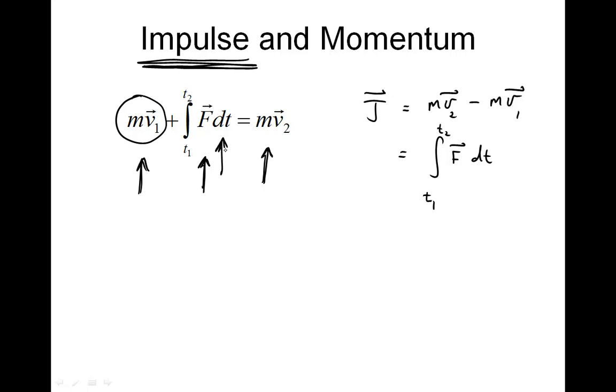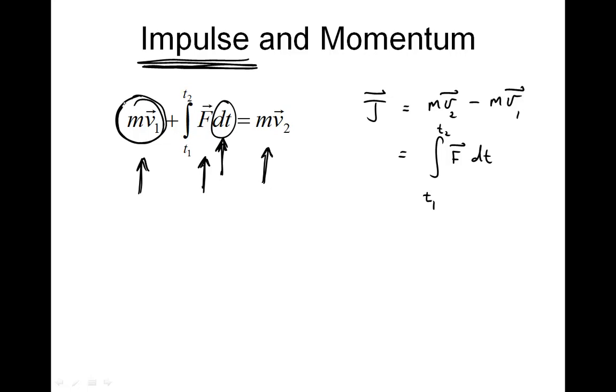Now this time factor is kind of important. This goes into the idea behind, say, airbags. Before airbags existed, if you were to come to a sudden stop in your car, you would hit the steering wheel or the windshield. Let's just say the steering wheel. The steering wheel is going to hurt. And that's because when you hit the steering wheel, there's a force exerted on you over a very short time period. Your change in momentum is the same.